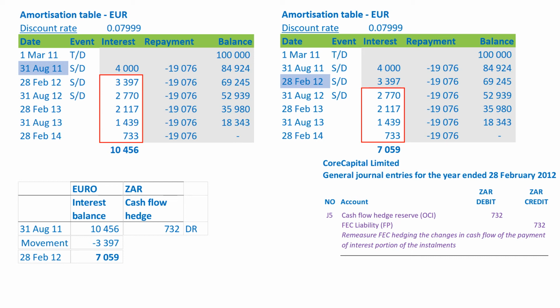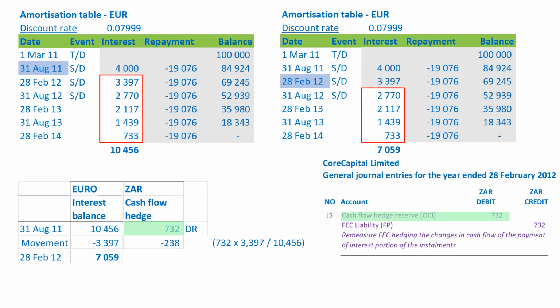Because as I've mentioned before, as your interest balance gets unwound, so too will your cash flow hedge reserve need to be unwound, and a portion of that 732 rands will need to be transferred or realized in profit and loss. In order to calculate this, you will need to take 732 rands, multiply it across by 3397, and divide it by the figure of 10456, and you will then arrive at 238 rands.